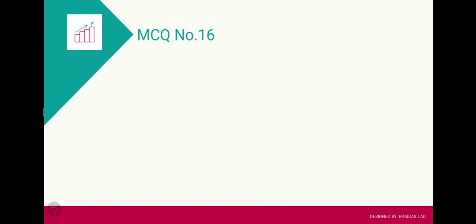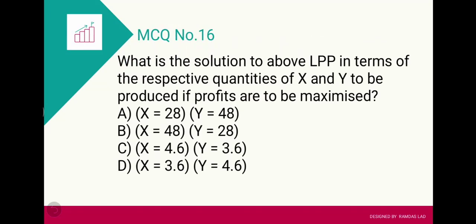Now question number 16. What is the solution to the above LPP in terms of the respective quantities of x and y to be produced if profits are to be maximized? So here you have to solve this LPP and find out the values of x and y. What is the procedure to solve this LPP? Firstly, you have to consider the given inequalities as equalities.